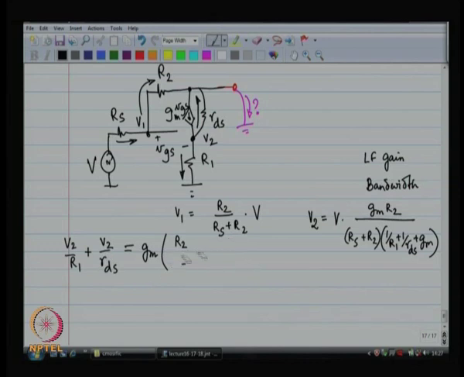Right. So, these are my two node voltages, but am I interested in the node voltages? Not really.